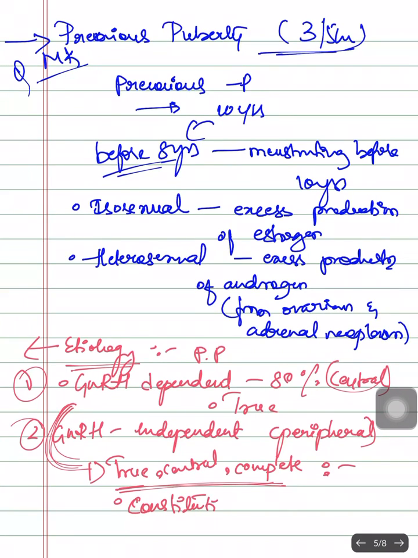Constitutional is the most common cause of precocious puberty. Secondly, we will see juvenile primary hypothyroidism.